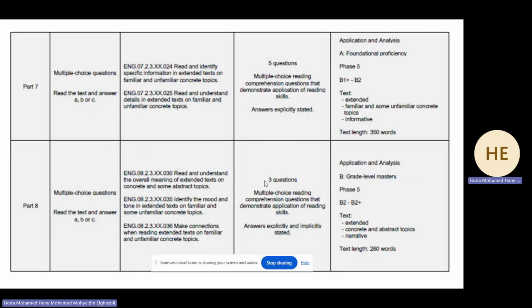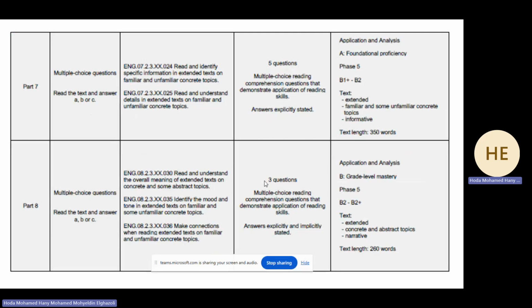Now, as for parts 7, 8, 9, and 10, you will get 4 reading texts. So the reading exam in total, you will get 2 maze sections and 4 reading sections. 4 separate texts. Each one has a set of questions related to it.